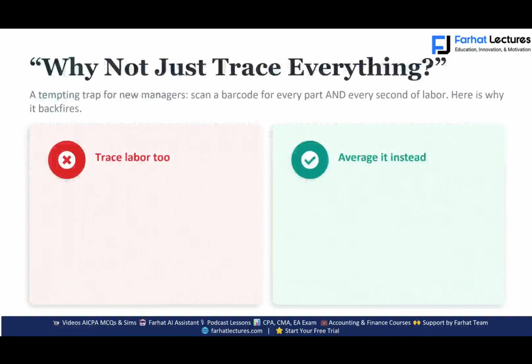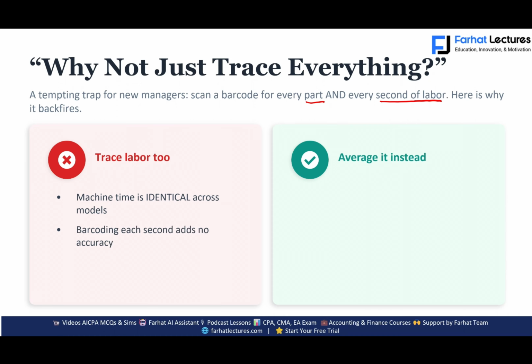So why not just trace everything? A tempting trap, especially for a new manager, is to scan a barcode for every part and every second of labor. Here's why it backfires. Machine hours are identical across models. It does not matter which model you are using. Barcoding each second will add no accuracy. It's going to create more administrative effort that's not needed, and it's a waste of money.